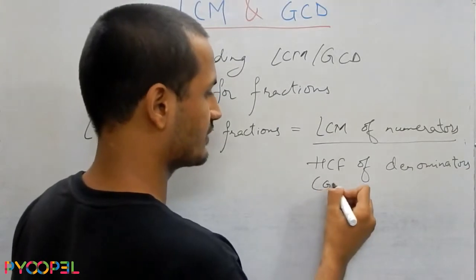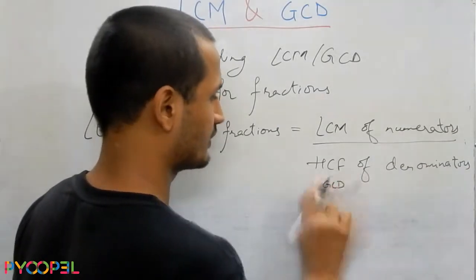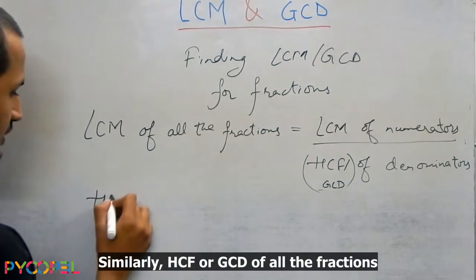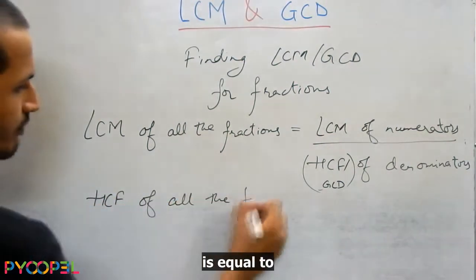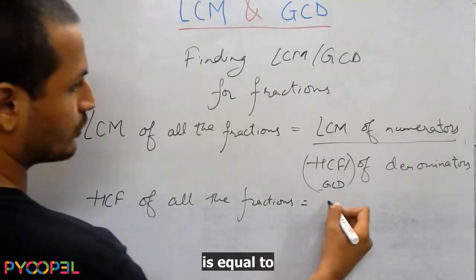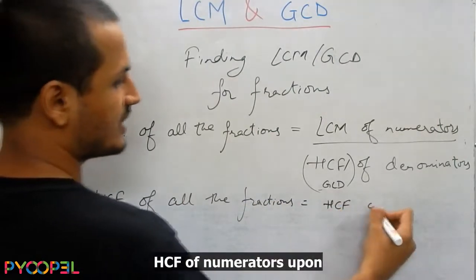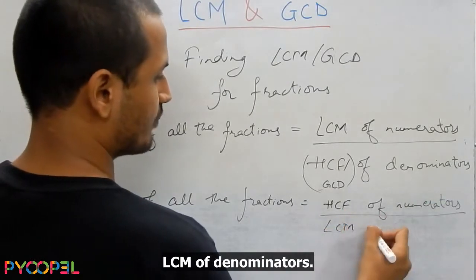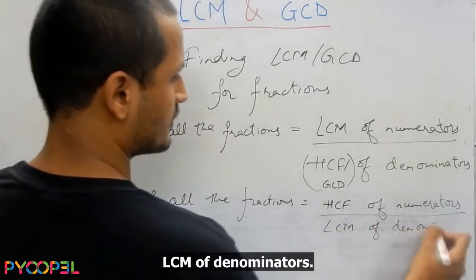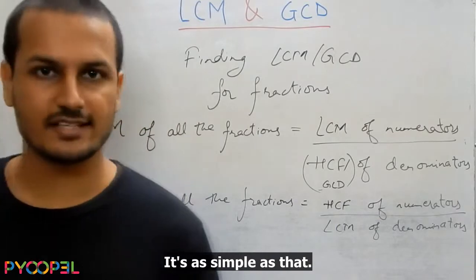HCF or GCD, it's one and the same thing. Similarly, the HCF or GCD of all the fractions is equal to the HCF of numerators upon the LCM of denominators. It's as simple as that.